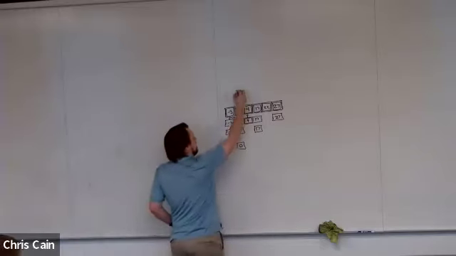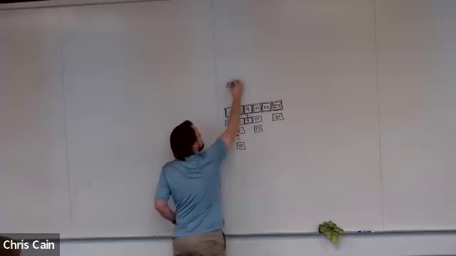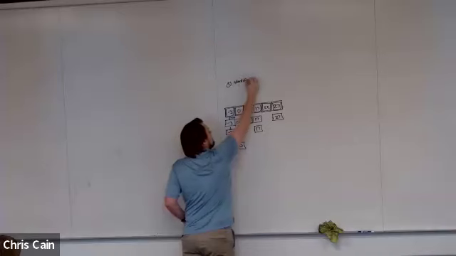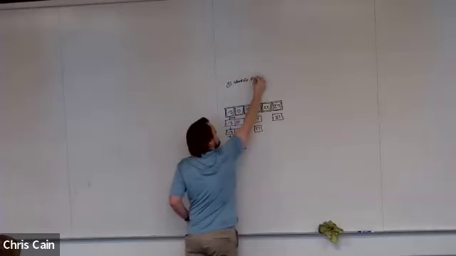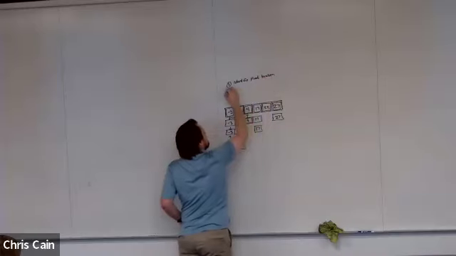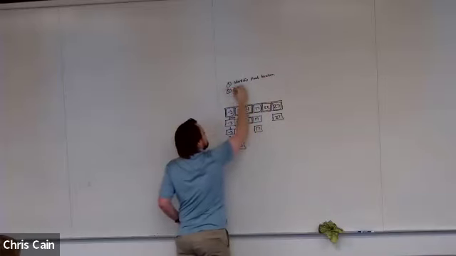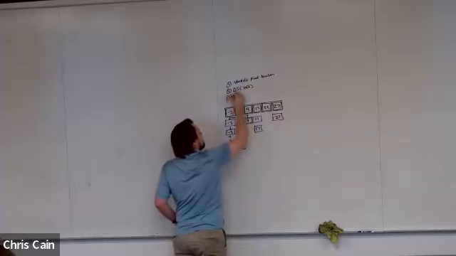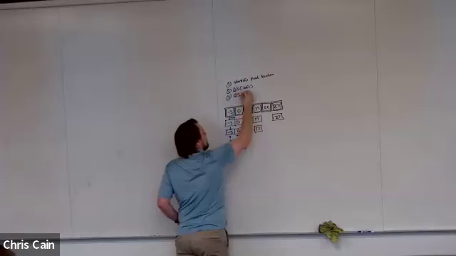So yeah, the calls would be identify pivot. Then quicksort the left. And then quicksort the right.